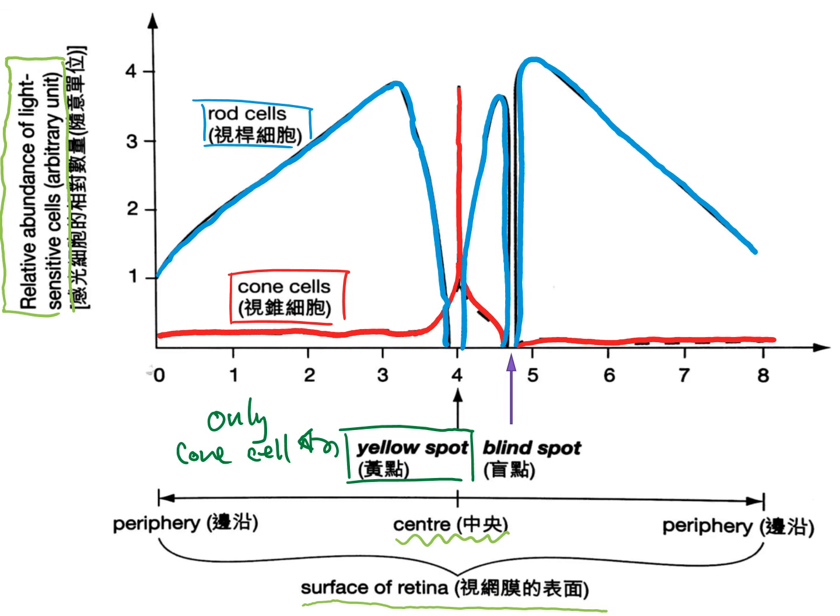No rod cells in the yellow spot. So the rod cells are the graph in blue. And for the last part I want you to know, for the blind spot over here, you cannot find any photoreceptors. Not the rod cells, not the cone cells. This is the blind spot, no photoreceptors.